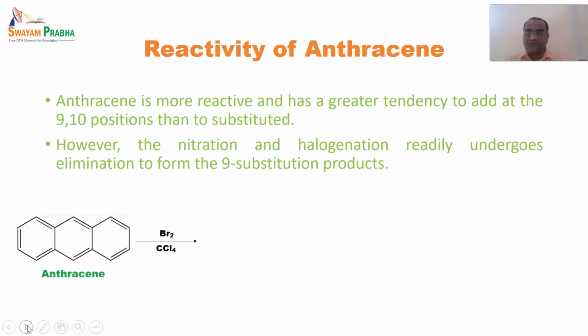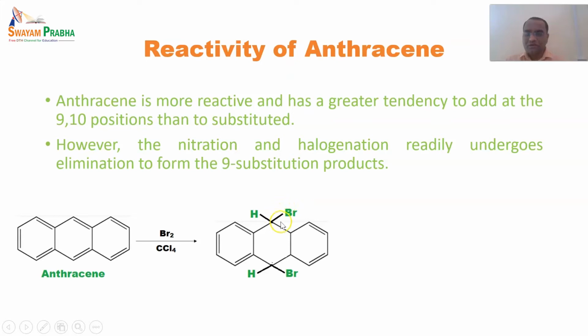When anthracene is brominated or halogenated, it forms an addition product. The double bond, or we can say the pi bond, is broken and forms a sigma bond with bromine by giving away electrons.